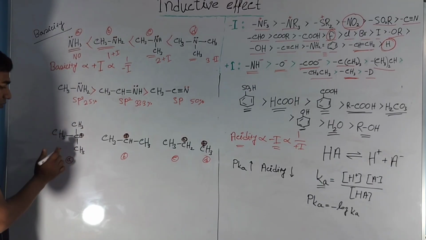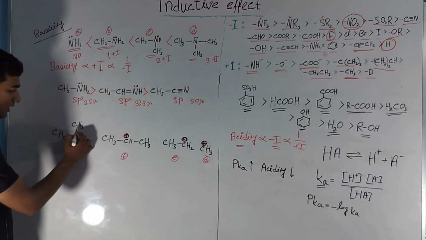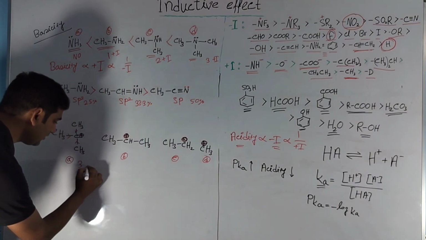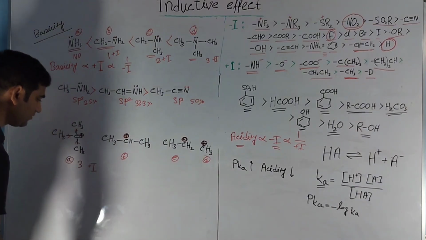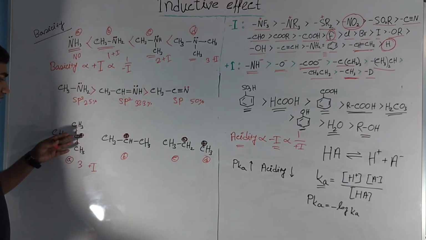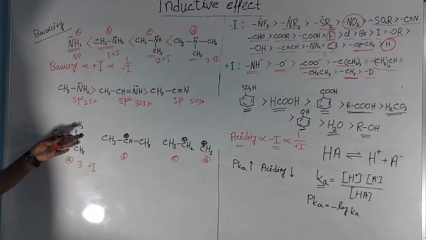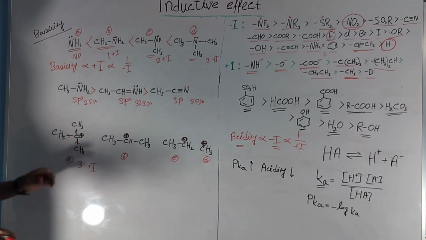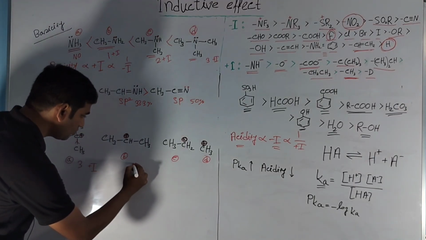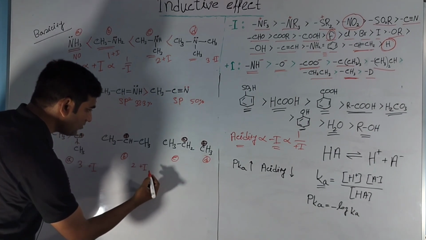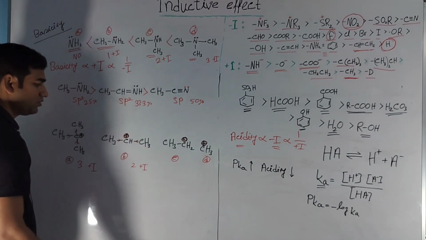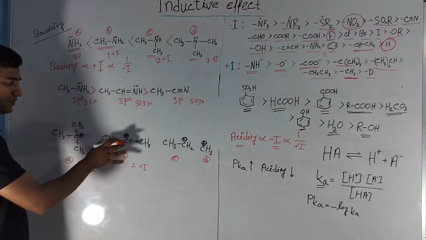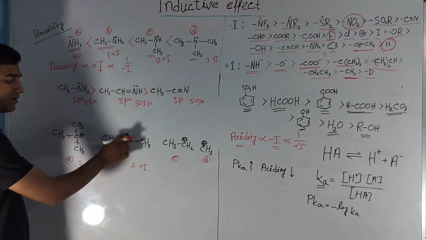Here 3 methyl groups push the electron. A methyl group is a plus I group, so 3 plus I groups push the electron to the carbon atom, minimize the electron deficiency and increase the stability. Here 2 plus I groups push the electron and increase the stability of the carbocation.